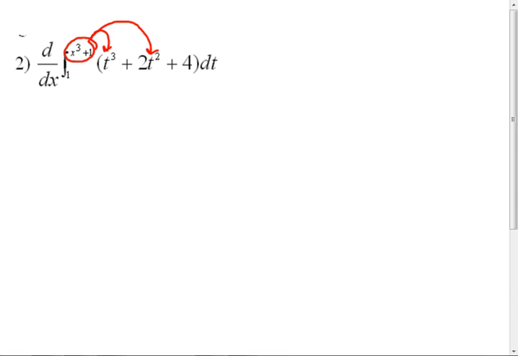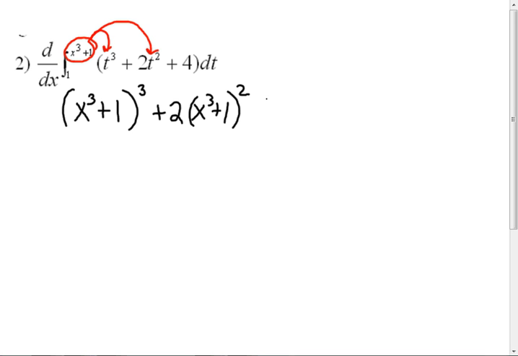And so I'm going to get (x cubed plus 1) cubed, right? Plus 2 (x cubed plus 1) squared. I'm not going to forget my squared. Plus 4. So all I do is substitute this into this function, and then I have to multiply it by the derivative of the upper limit, which is 3x squared.